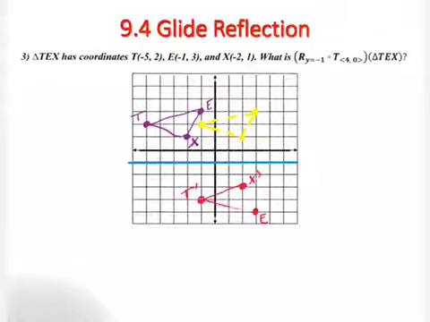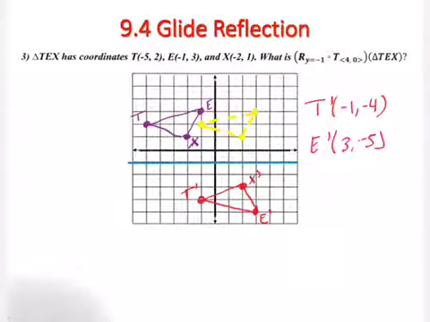And so this becomes our image of TEX, so triangle T prime, E prime, X prime. And your coordinates for your prime points would be (-1, -4). E prime would be (3, -5). And then X prime would be (2, -3).